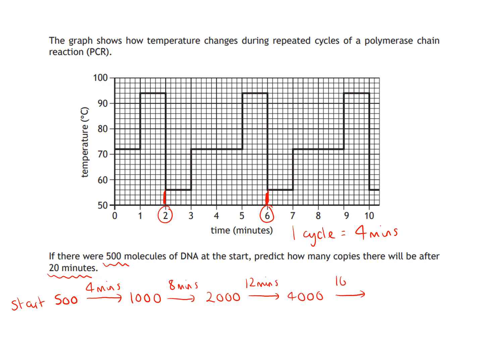After 16 minutes, we're going to have 8,000 copies. And after 20 minutes, we're going to have 16,000 copies. And that is what we were being asked. How many molecules of DNA would we have after 20 minutes? It would be 16,000.